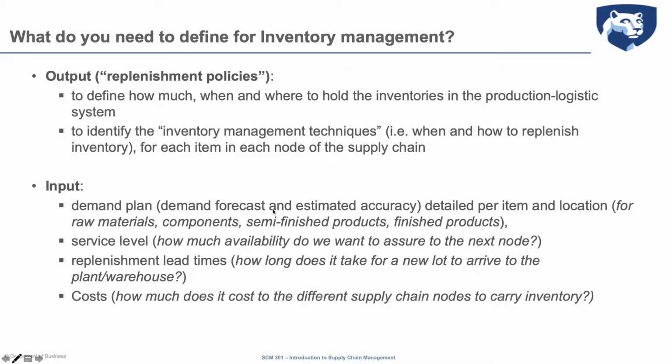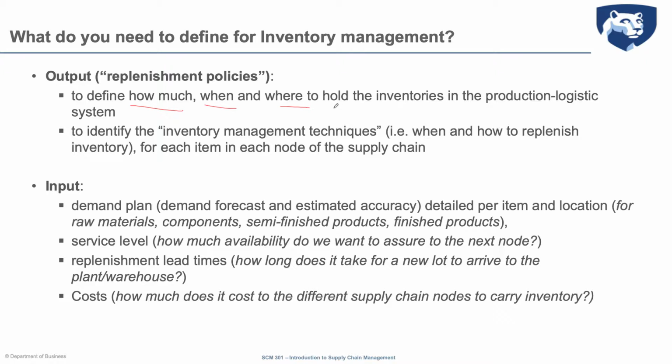In particular, when a supply chain needs to deal with inventory management, we are talking about the so-called replenishment policies, which means inventory management has the objective of defining how much, when, and where to hold the inventories during the supply chain flow.